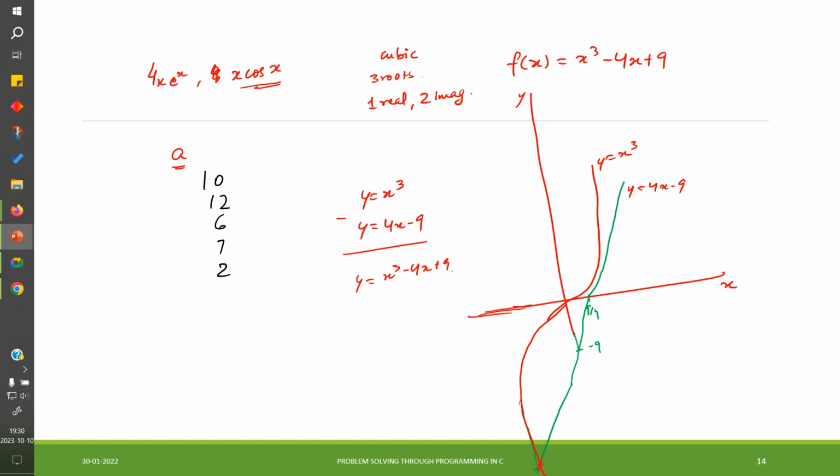Okay, so this one that I was talking about. A is 10, 12, 6, 7, 2. This is the array, and we are doing P equals A plus 4, if I remember correctly.